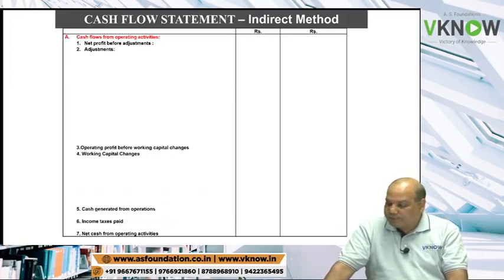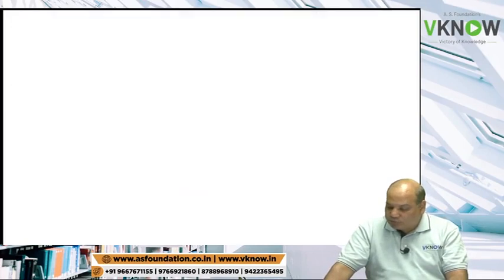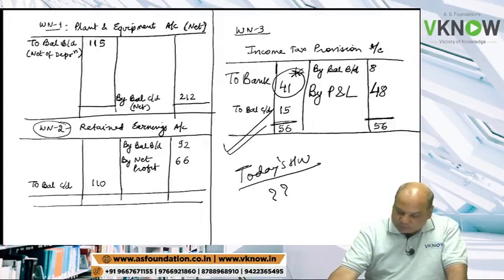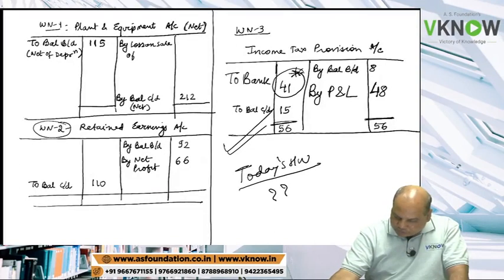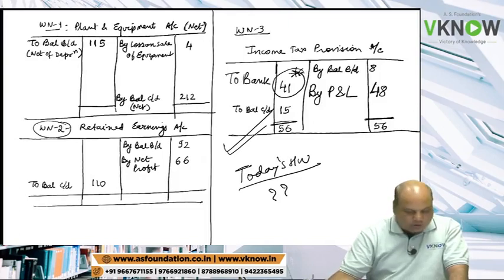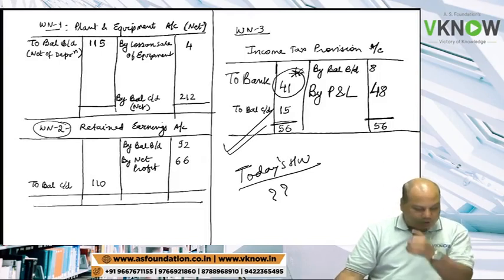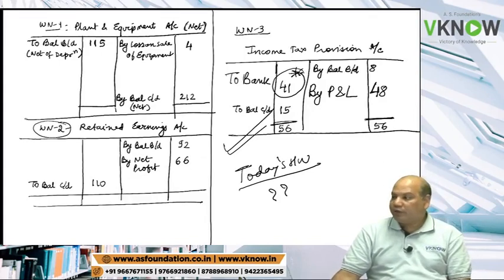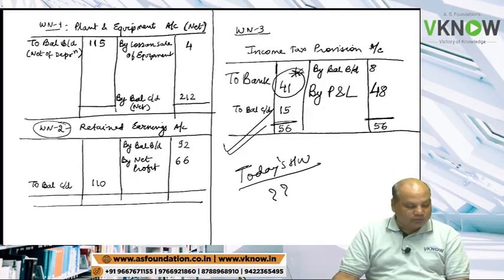Any query? And then we'll go to fixed asset account, credit side, by loss on sale of equipment 4, contra effect. Other items I don't require.